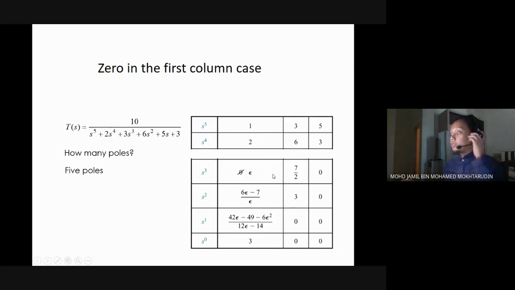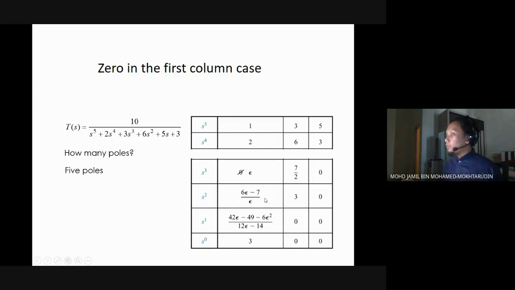When you encounter 0 in the first column, you need to modify the method. The modification is that you put a very small value with the symbol epsilon. Then you continue calculating the other boxes as usual. You get 7/2 here, and 0.